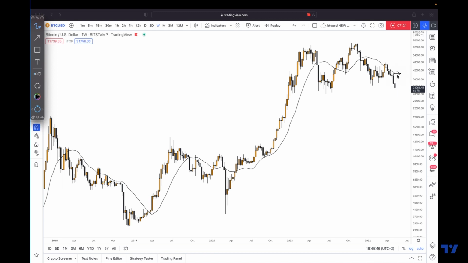So the further it deviates to the downside against this average, the more mean-reverting opportunity it generates.